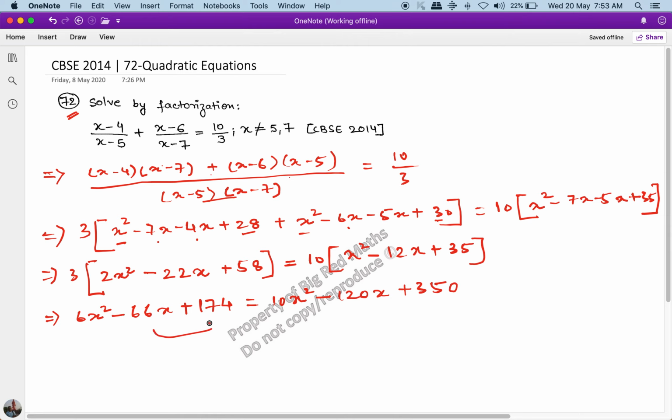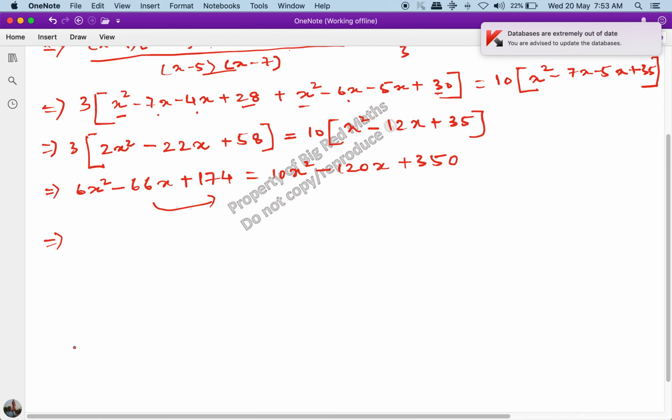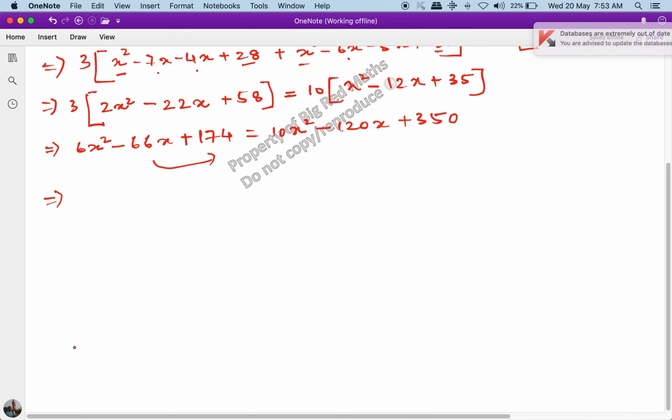Let me move everything to this side and equate it to 0. So this will become 10x square minus 6x square, which is 4x square, then 120 minus 66 is 54x, and 350 minus 174 will be 176, equal to 0.